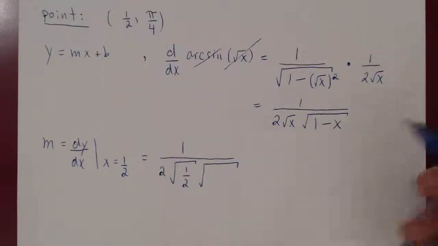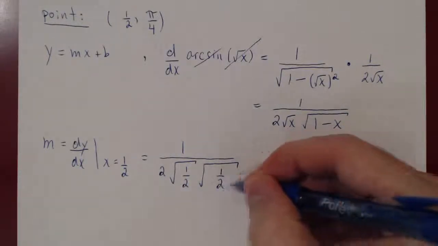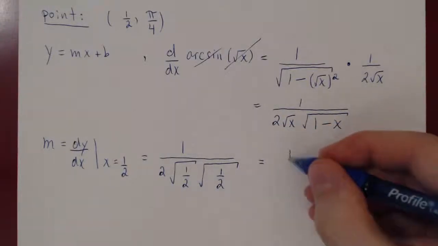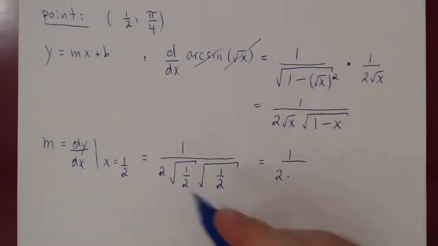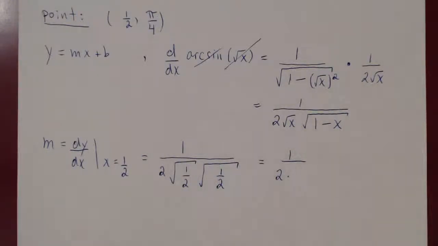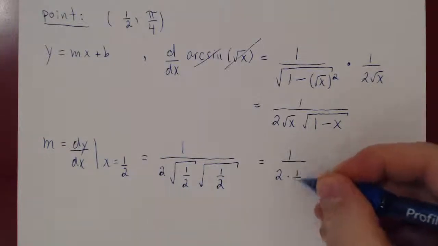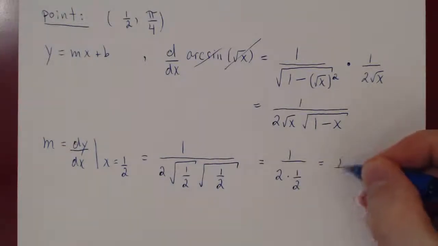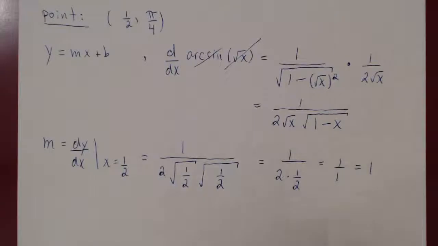But 1 minus 1/2, that's just 1/2. Now think of what we have here. 1 over 2 times the root of 1/2 times the root of 1/2 is the root of 1/2 squared. The square root goes away, and all we are left with is 1/2. But 2 times 1/2 is 1, so we have 1 over 1. So it's just 1. So the slope of the tangent line at x equals 1/2 is just equal to 1.